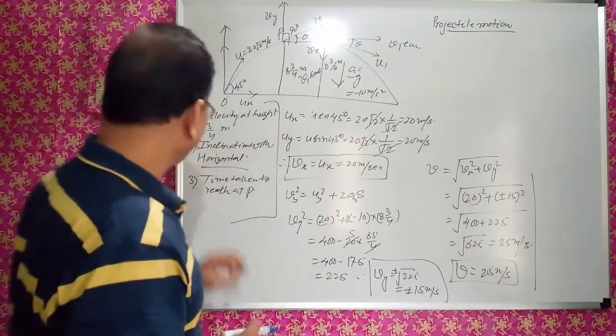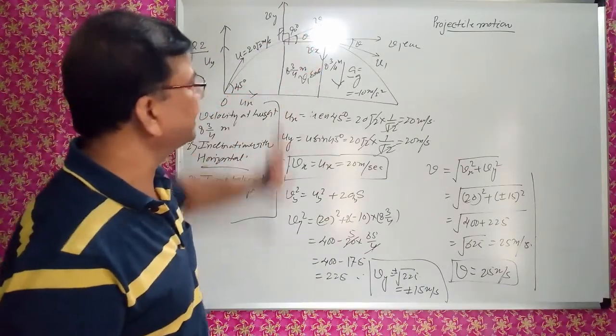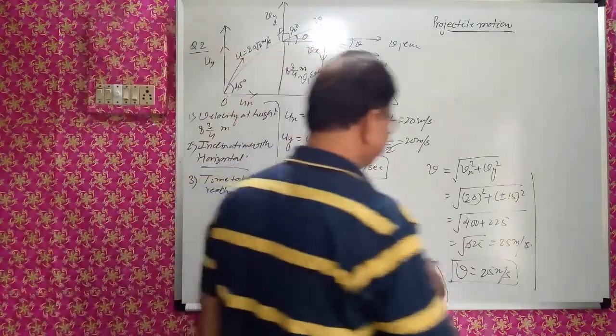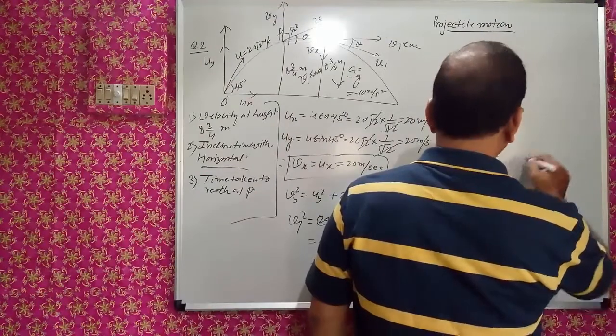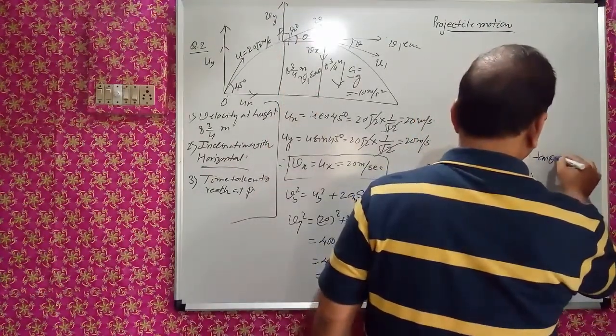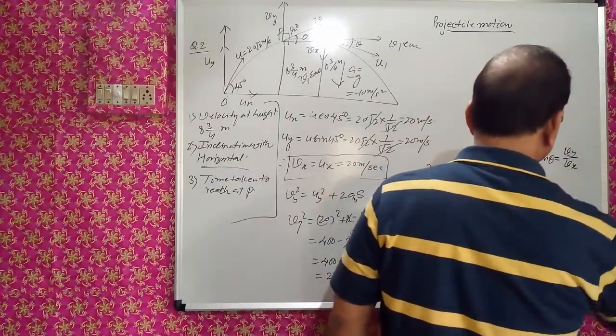So now we will find second thing, inclination with horizontal. ये horizontal से theta angle बनाता है, वो अपने को find out करना है. तो कैसे करेंगे? देखो, we will write tan theta. Tan theta is equal to Vy upon Vx.